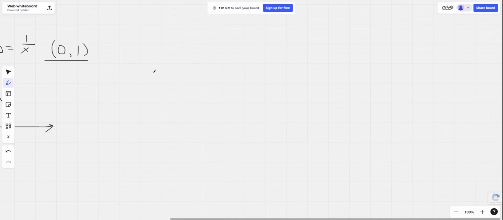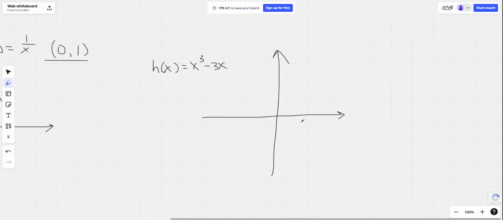Let's look at, let's say, h of x equals x cubed minus 3x. And let's try to graph it. Now, you've probably already done a little bit of graphing in algebra 2 or pre-calc, but now we have calculus tools. So that helps a lot.